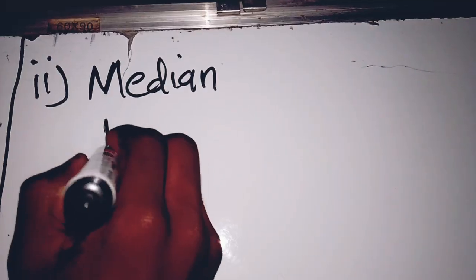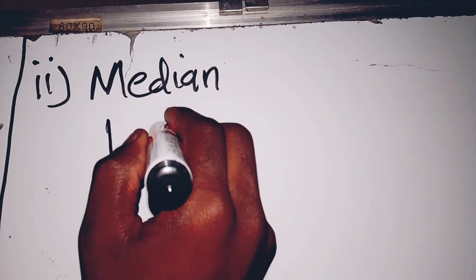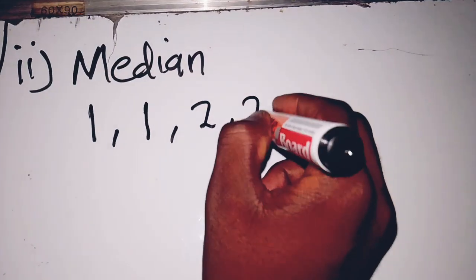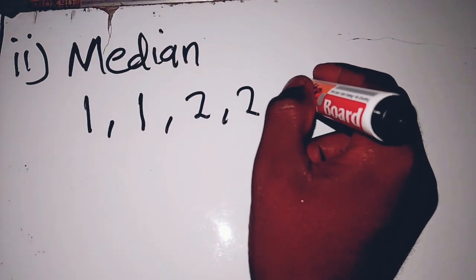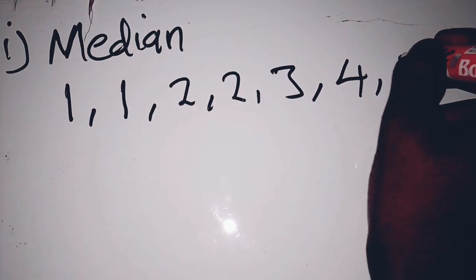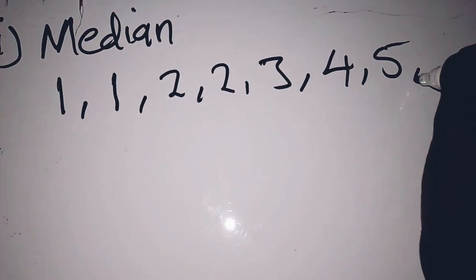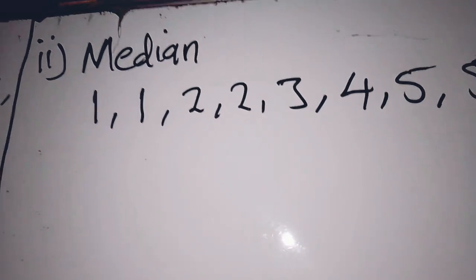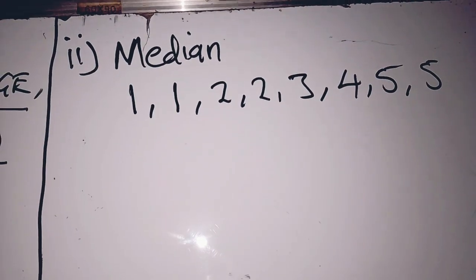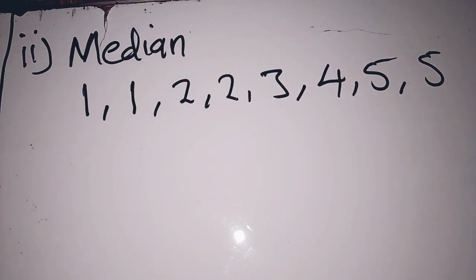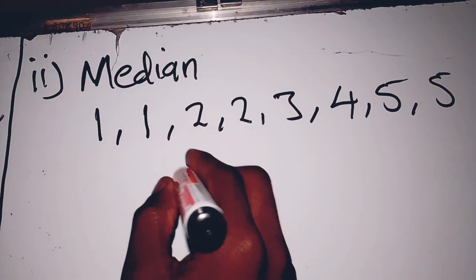So we have 1, another 1, 2, and another 2, then 3, 4, 5, and another 5. Median, which one is in the middle?